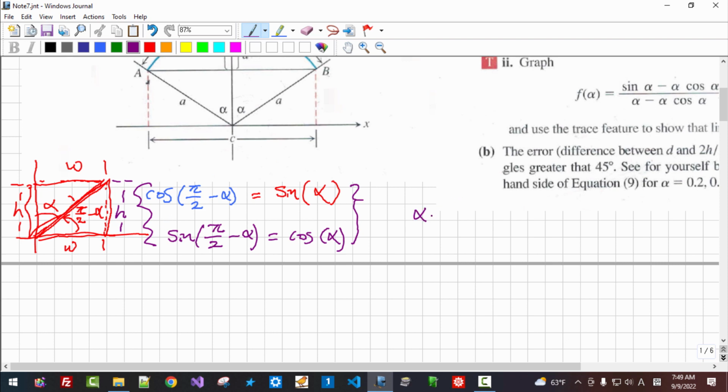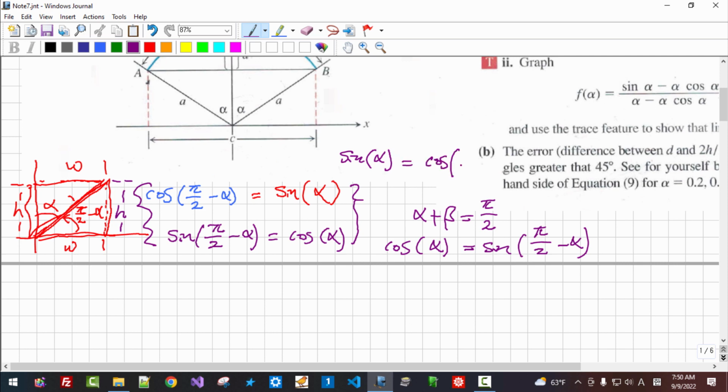So alpha plus beta equals pi over 2. Cosine alpha equals sine of pi over 2 minus alpha. Also sine alpha equals cosine of pi over 2 minus alpha.